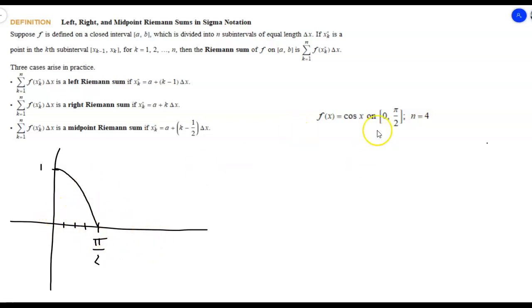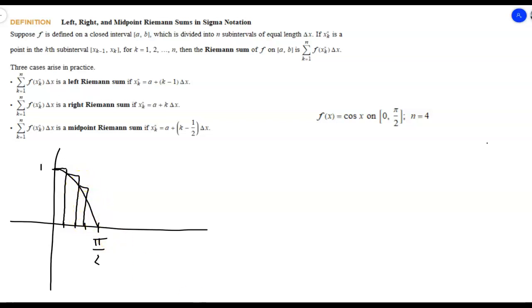So the first time that we do this, we are going to do a left Riemann sum. So for each of these rectangles, I'm going to use the left side of it to get the height. So the left side of the rectangle is going to go right up to the curve, and then it comes over. So for this one, you go up to here, and then you go down there. For this one, you go up to here, and you go down there.